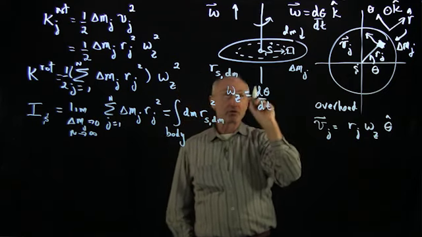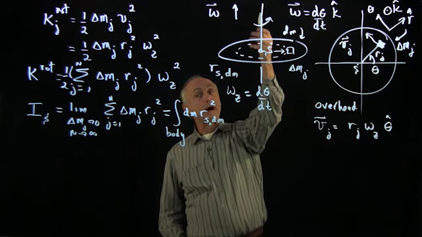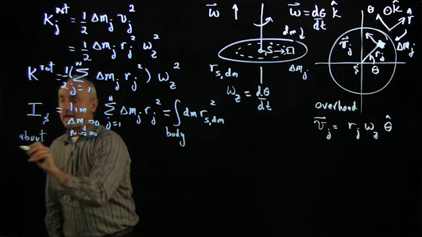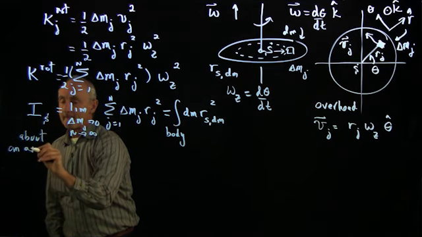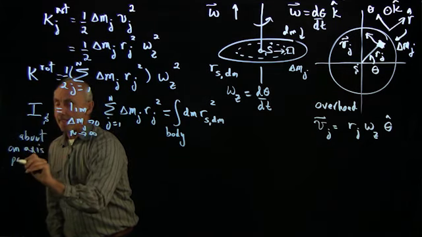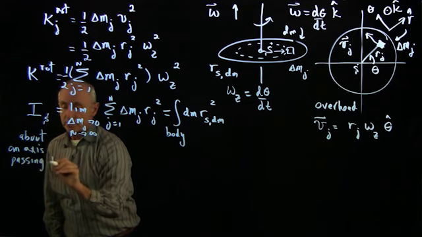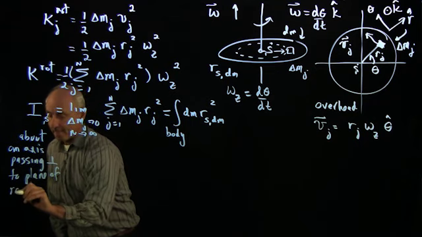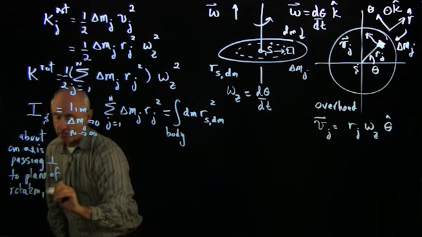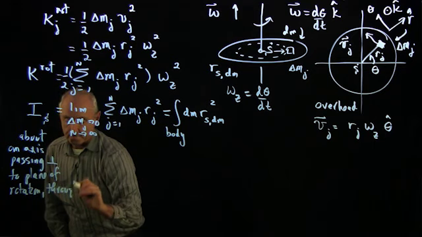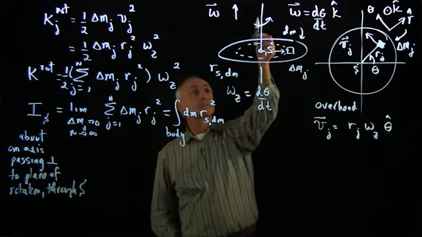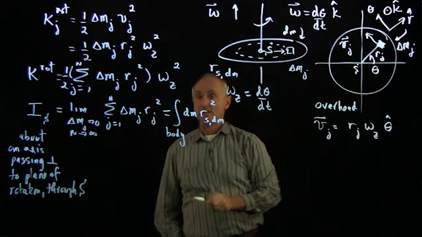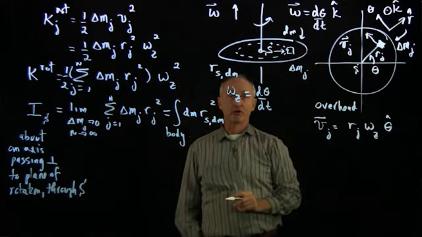Now, again, what's very important to realize, it's a moment about a particular axis. So this is about an axis passing perpendicular to the plane of rotation and through S, the point S. So it's an axis that's passing perpendicular to the plane of rotation, passing through the point S. And this is what we call the moment of inertia of a body.